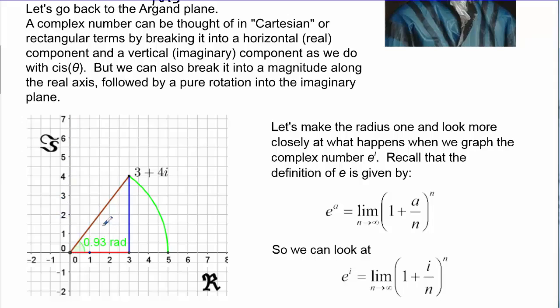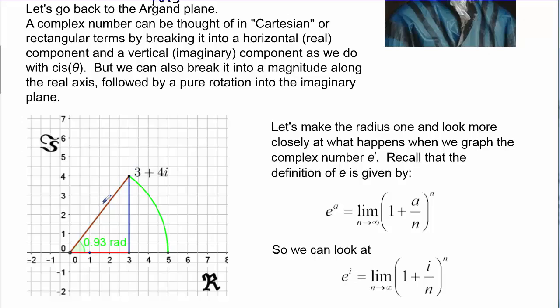And in this way, he was able to represent a number like 3 plus 4i, which is a complex number, as 3 in the real direction plus 4i in the imaginary axis, and literally create that complex number as a sum of kind of two vectors, a 3 of a real vector and 4i being imaginary, and ended up with the result, this round line of 3 plus 4i.